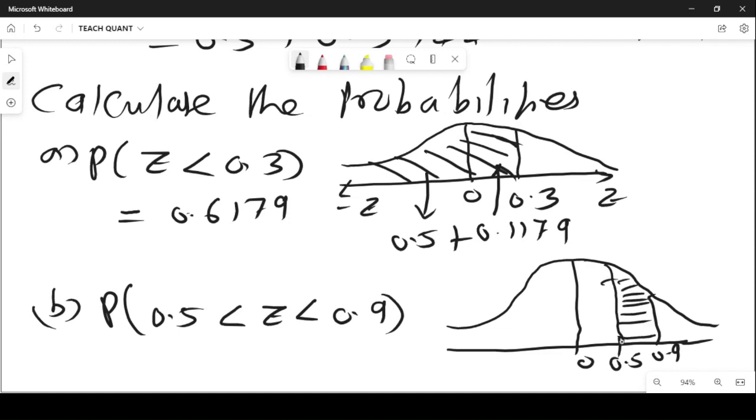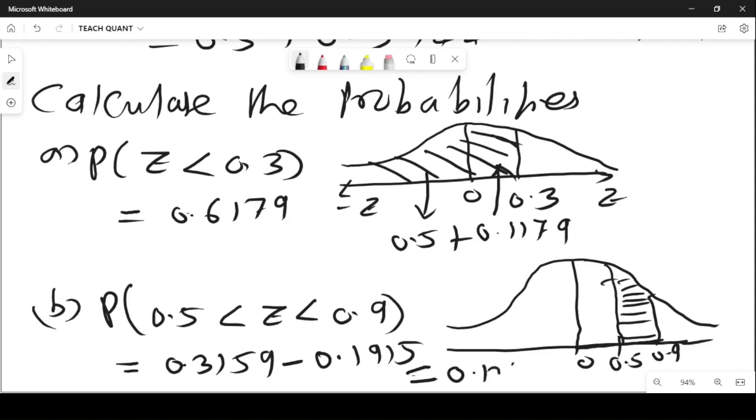So what you do is when you get 0.9, it will give you all this portion, then you subtract. So the 0.9 is 0.3159 minus 0.15 is 0.1915, and the difference between the two gives us the probability that we are interested in of the area under that curve. So this is the process that you take when you're calculating or reading the standard normal distribution tables.